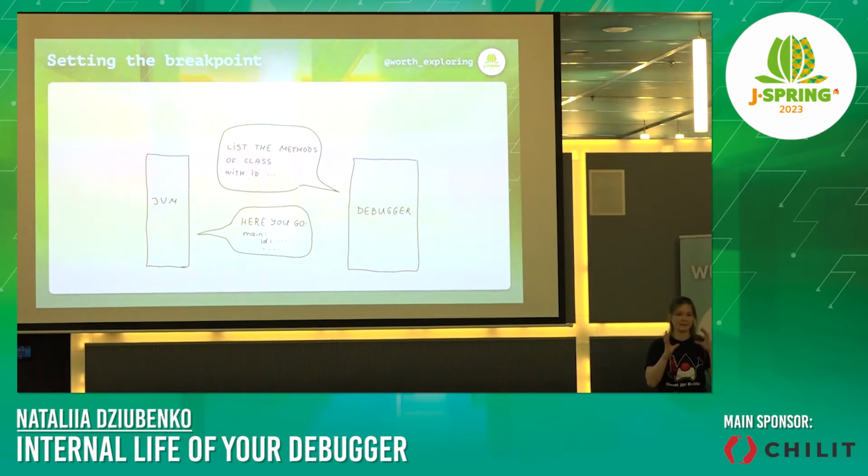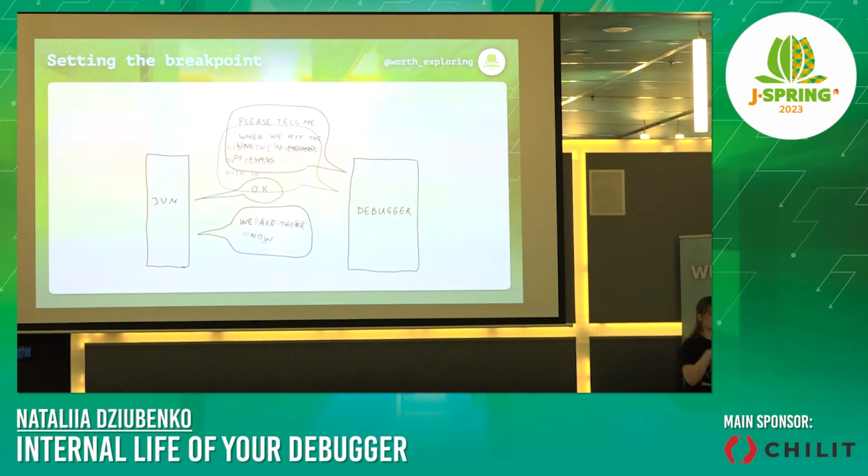Now, having this class ID, we can request all methods. We can list all methods in this class, and it will also provide us names and IDs, so we can look up the method we're interested in. When we place a breakpoint, we do it for a specific method and for a specific code index inside of this method.